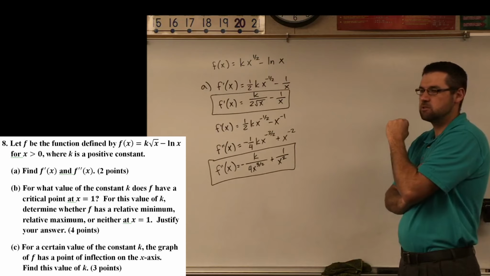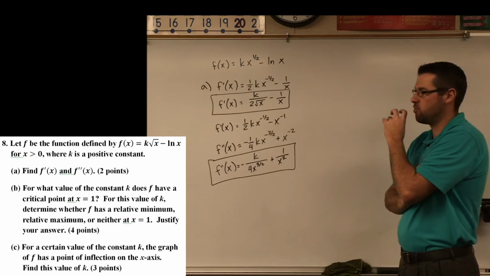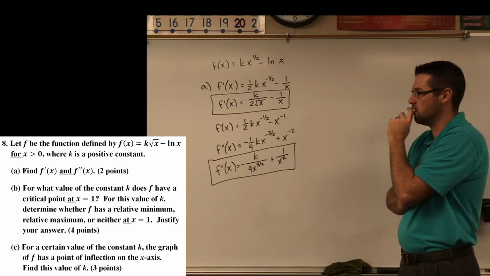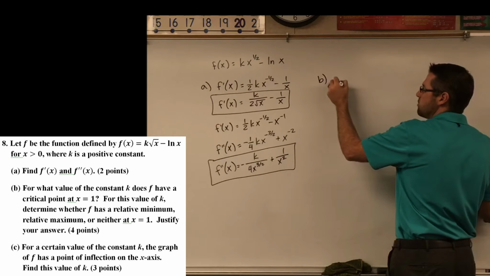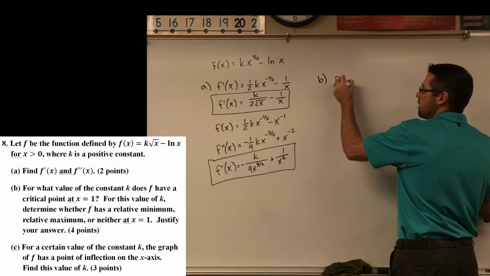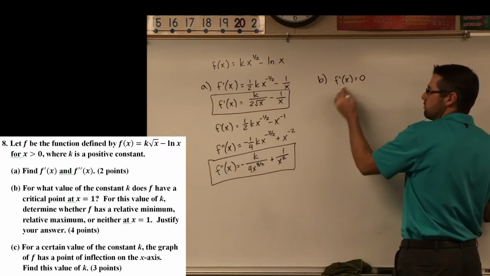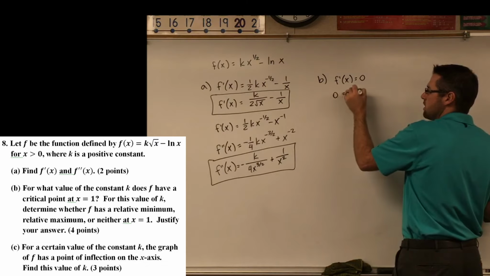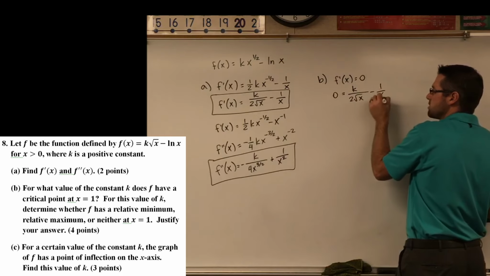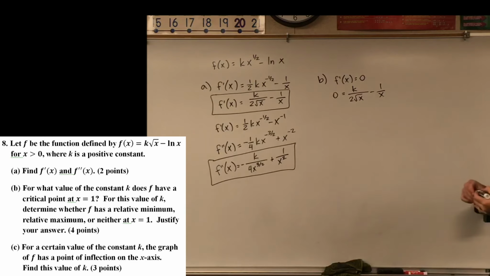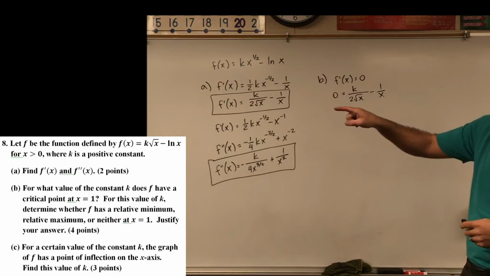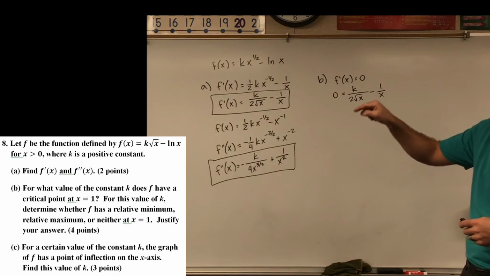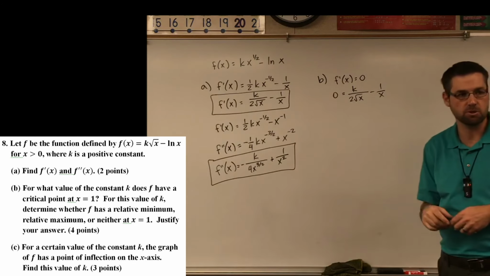What's the other type of critical points? When f prime equals 0. So let's do that. So we're going to say f prime equals 0, and then we'll solve it. 0 equals k over 2 rad x minus 1 over x. Now there was one other part to this. It said, for what value of the constant k does f have a critical point at x equals 1? So it's telling us what the critical point is.